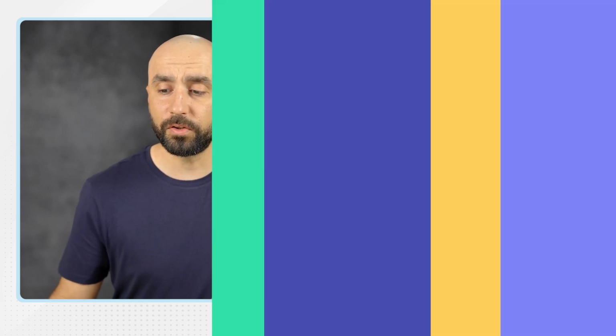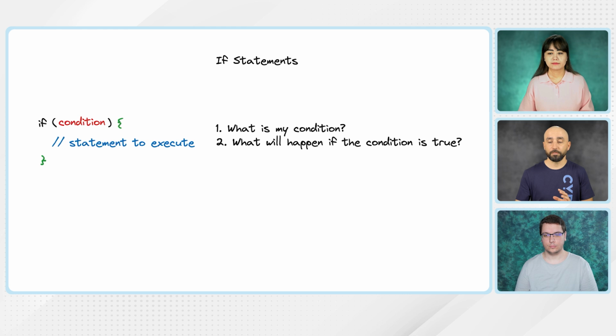As you see on the screen right now, I put here if statements, and on the left side, as you see, is the syntax. This syntax you need to know. It is Java. Every programming language has its own syntax. For example, if you want to do an if statement in JavaScript or Python, you need to learn the syntax of those languages.